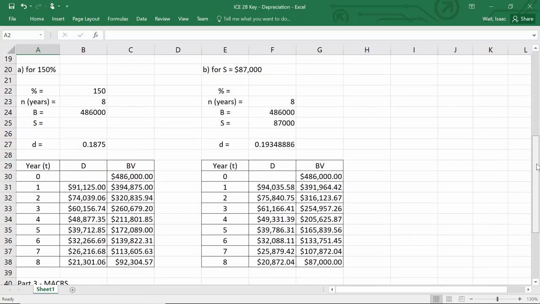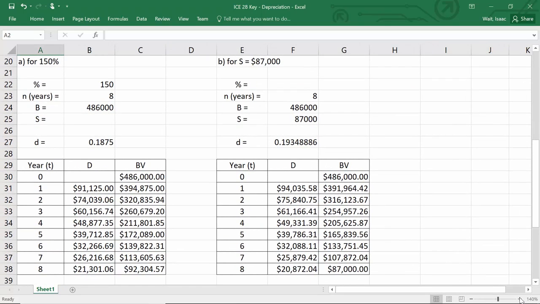Okay, if you wanted to solve part 2 using Excel, here's how you could do it. You could set up a table with all of the beginning information, like the percentage, the recovery period, and the starting book value, and then use this to calculate the lowercase d, which is the fraction of value that's lost each year. Then you have a table where the depreciation in a given year is based on the book value from the previous year multiplied by this depreciation fraction.